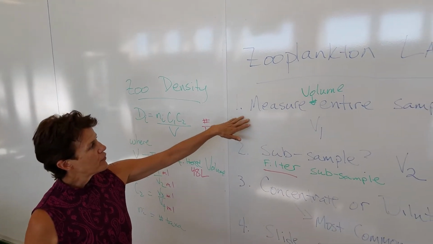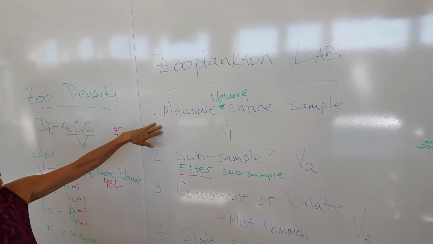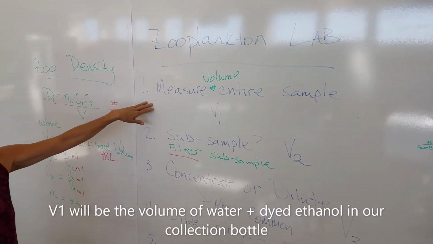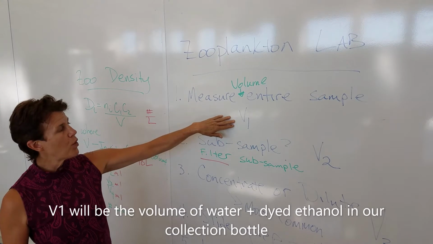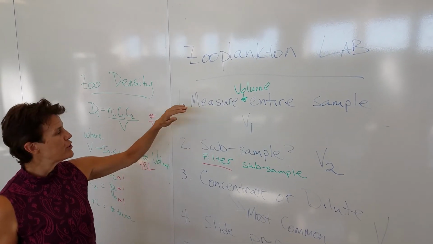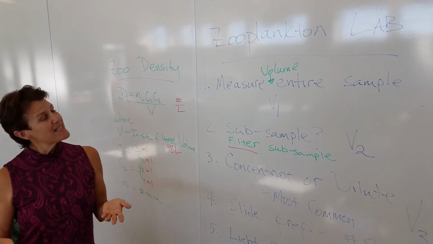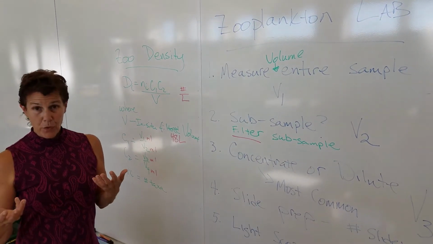And the first step is to measure the volume of ethanol and water in the entire sample. So that's going to be our volume 1. We use a graduated cylinder to do that. And then we look in the graduated cylinder and we assess whether there's a lot of organisms in there.